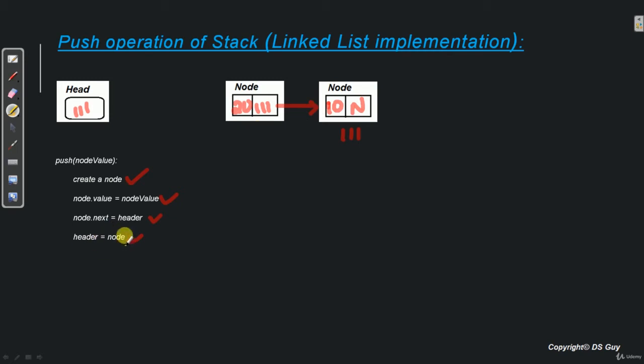Header is equal to node. Previously header was having 111, that is, it was previously pointing to this node. Now we'll have to update this address, make it 222. 222 is, let's say, the address of this node. So this will create a link between head and node, and this link will not exist anymore.